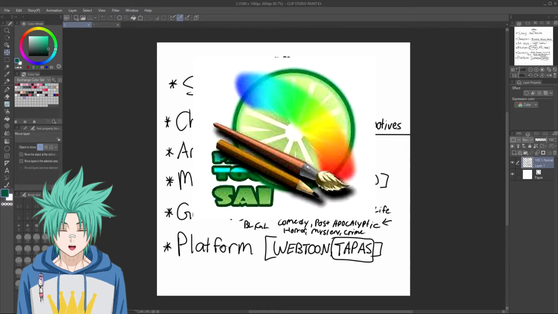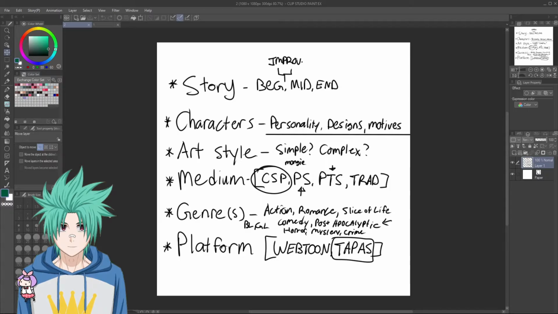Paintal Sci. I used Paintal Sci for my webtoon before. I used Clip Studio Paint, and it does the job just as well. The only thing is, I don't think it has speech bubble slash text support. Now, it's been a while since I used Paintal Sci, so I don't know. There's Paintal Sci 2, a second version of it, and I haven't seen much of that either, so I don't know.